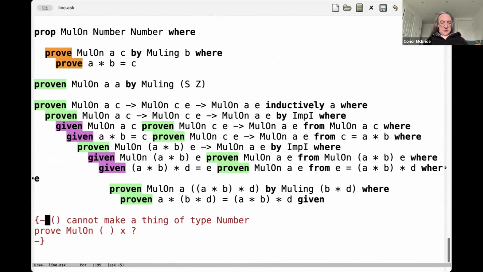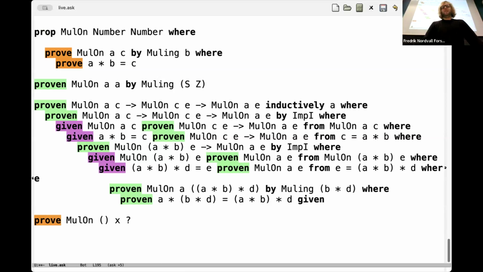Right, and now, what's the thing that does that job from Mull-on? Any takers? Yeah. One taker. Let's see.